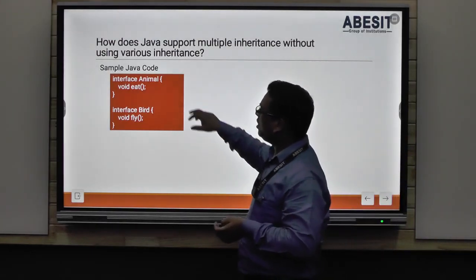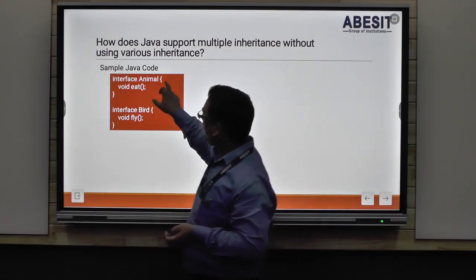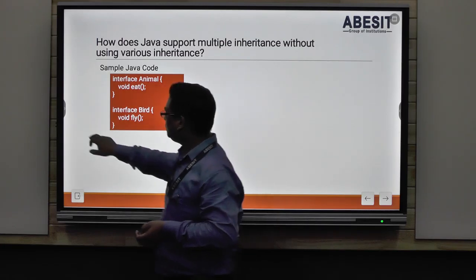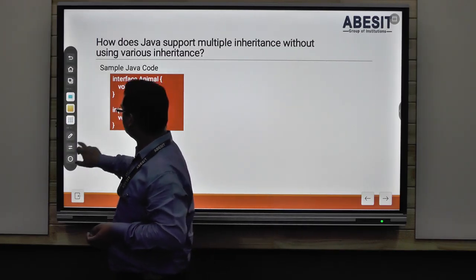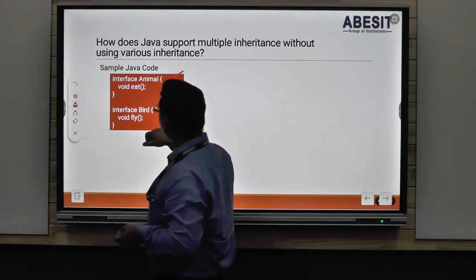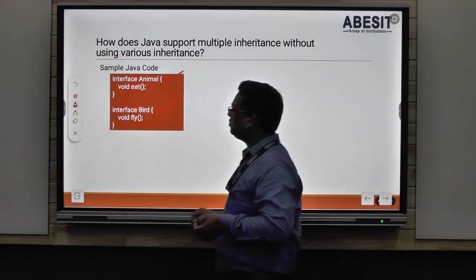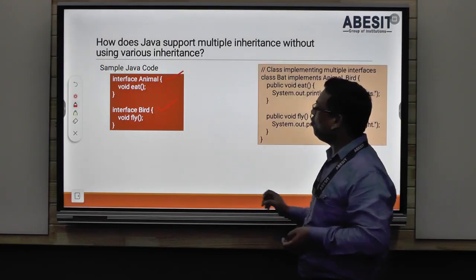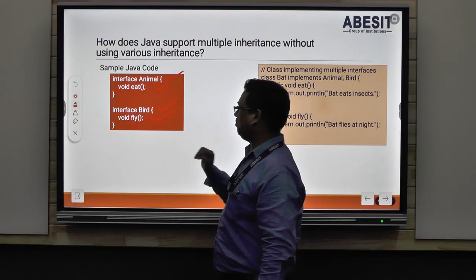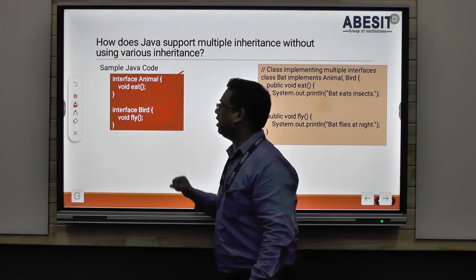Here is the simple code example. We have an animal interface and a second interface, bird. Here are two methods that are defined only as prototypes, meaning the body is not provided here.